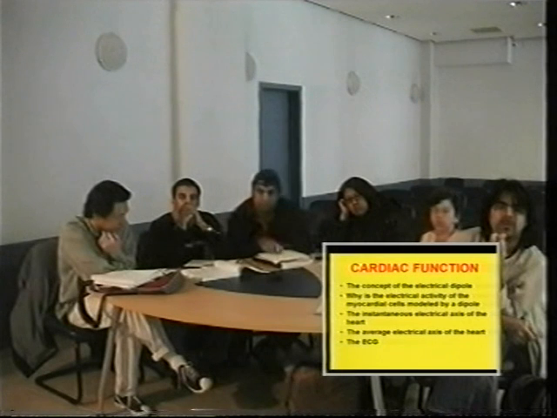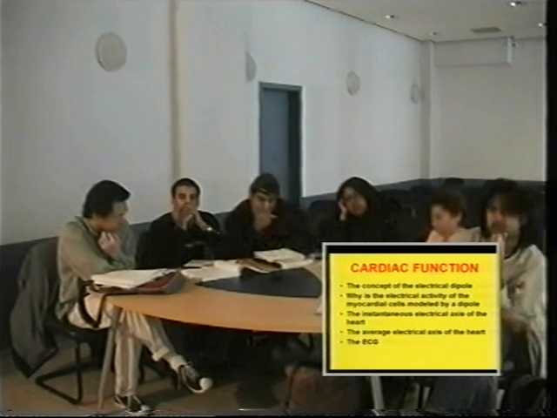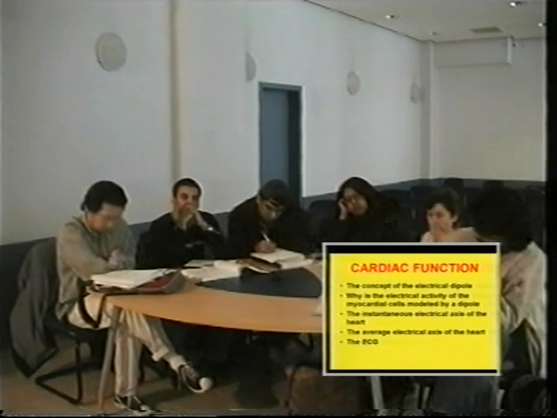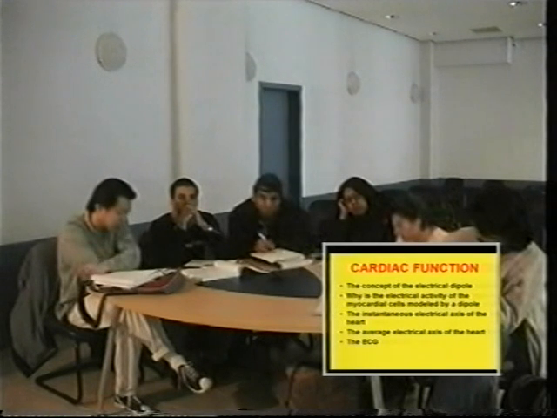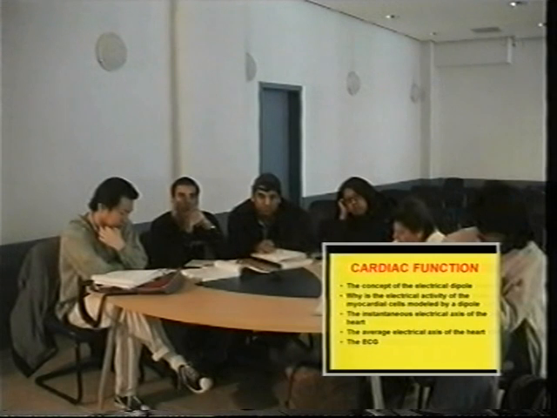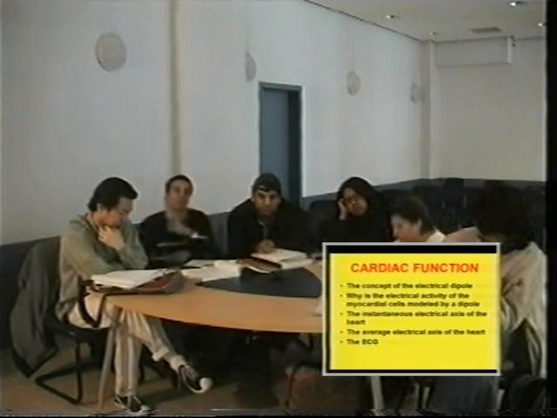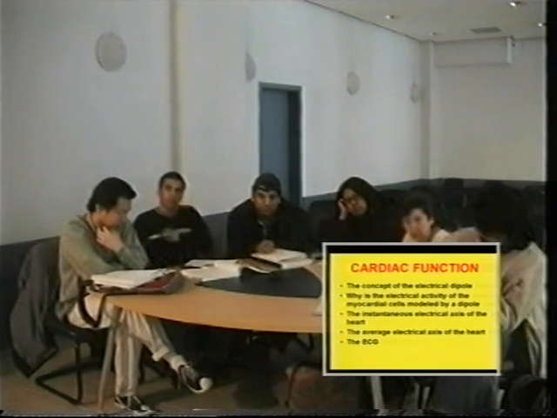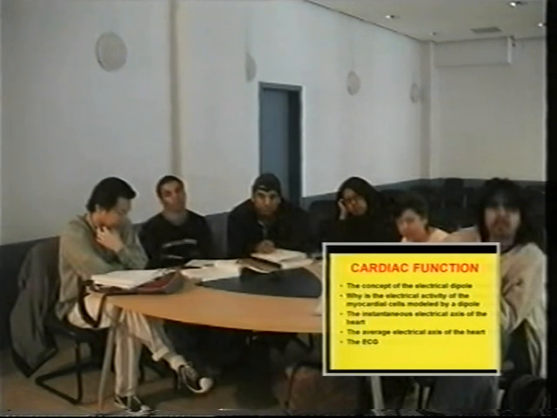So, I come back to the cardiac function lecture of last time to remind you of what we said we were going to talk about. At that time we said that we were going to explore the concept of the electrical dipole. And this is the last time you're going to hear from me trying to explain it. I think that by now you have cleared it up enough in your mind to be able to go on.